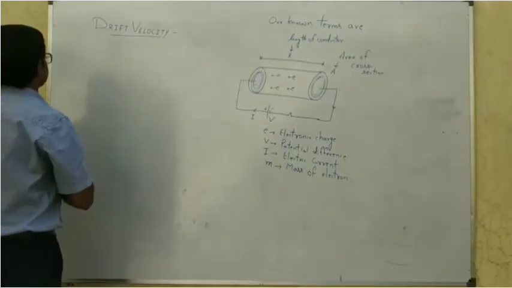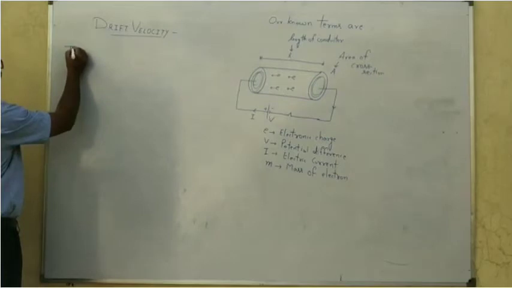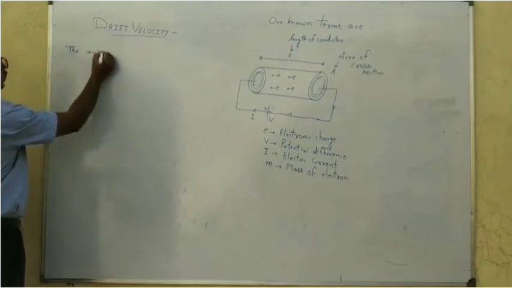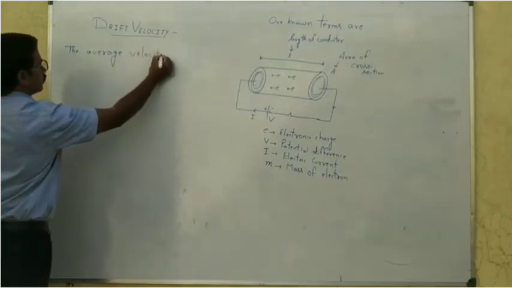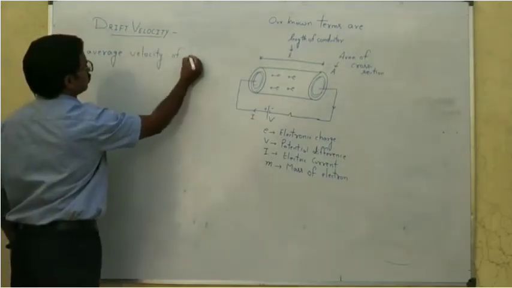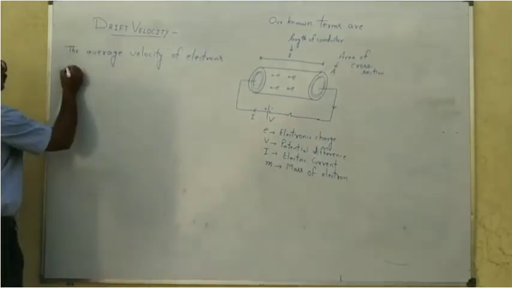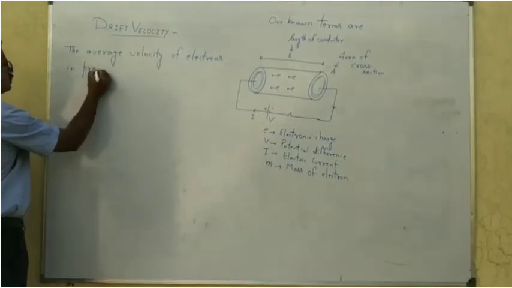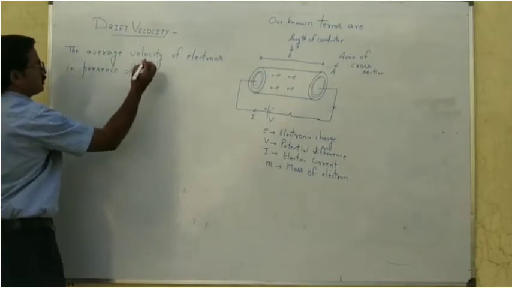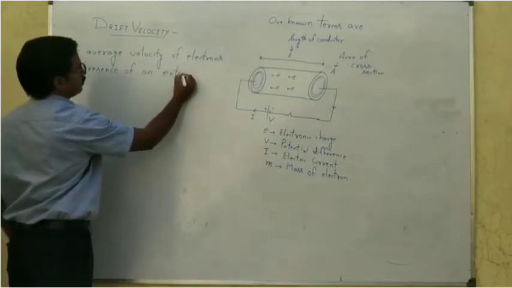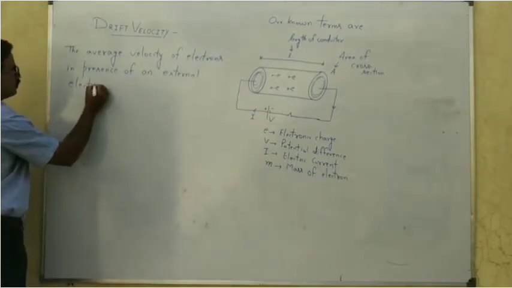So for this purpose, we state the average velocity of electrons in presence of an external electric field.